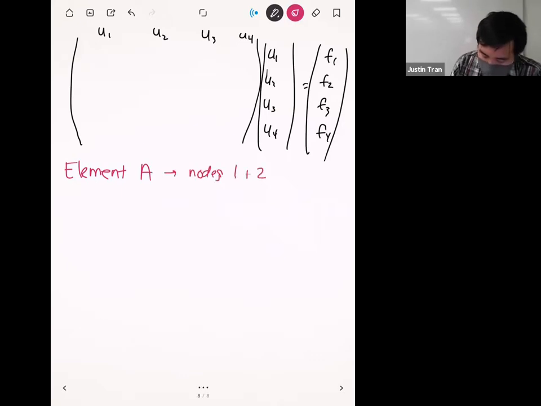And so element A, we know acts on nodes 1 and 2, and so we're going to go ahead and box out those regions in the global linear system.